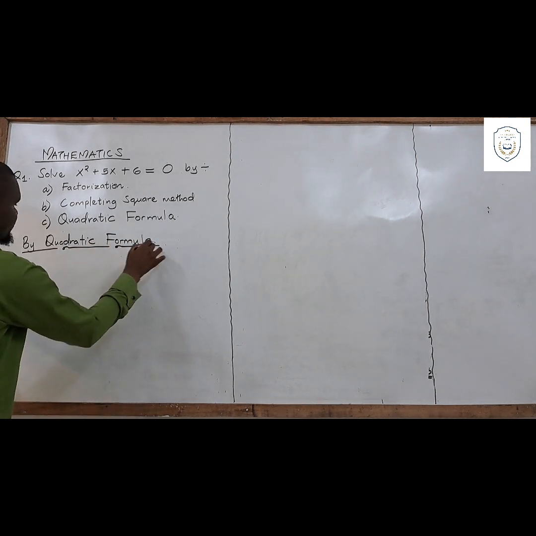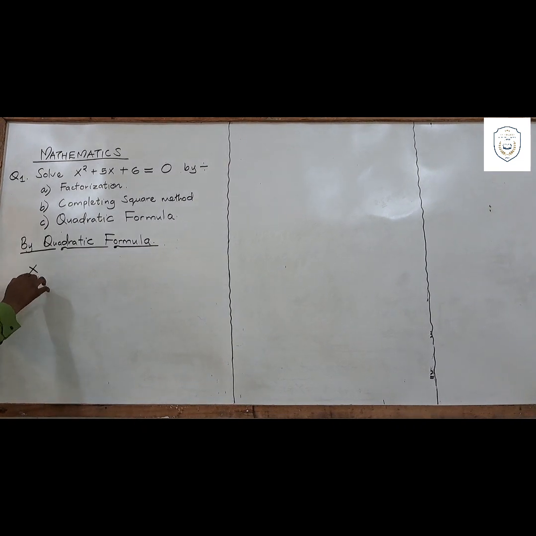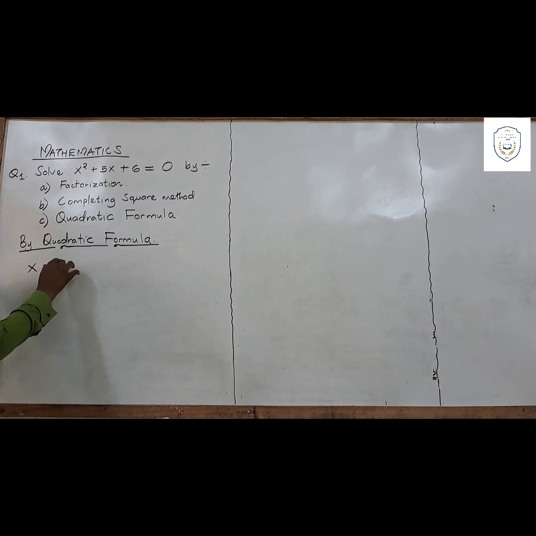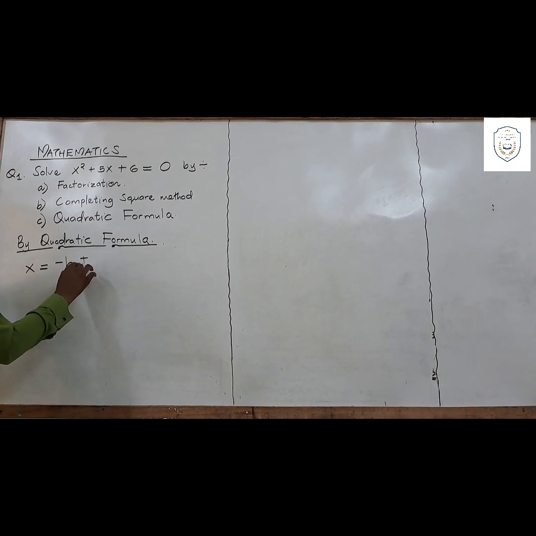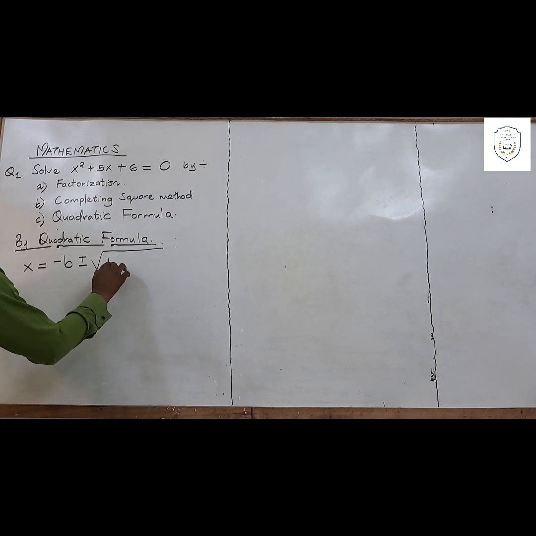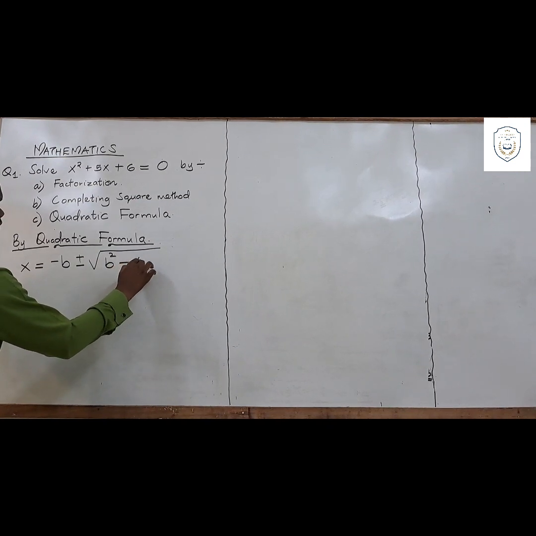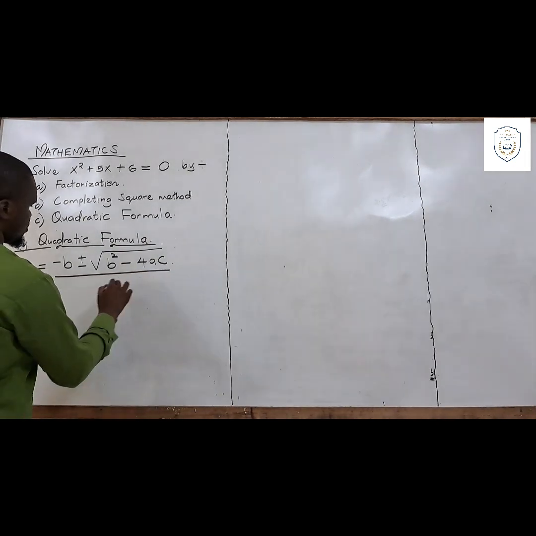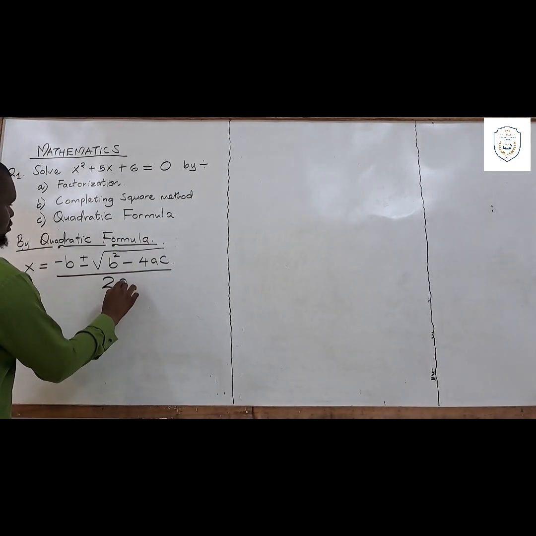It's a very simple and very direct formula. It says x equals negative b plus or minus the square root of b squared minus 4ac, everything over 2a.